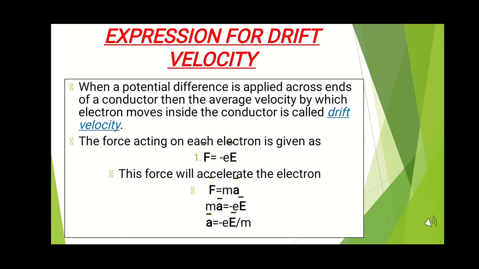Let me mention here that the direction of the electric field is from high potential to low potential, and the electrons are moving from low potential to high potential. Now this force will accelerate the electrons, that is F = ma.